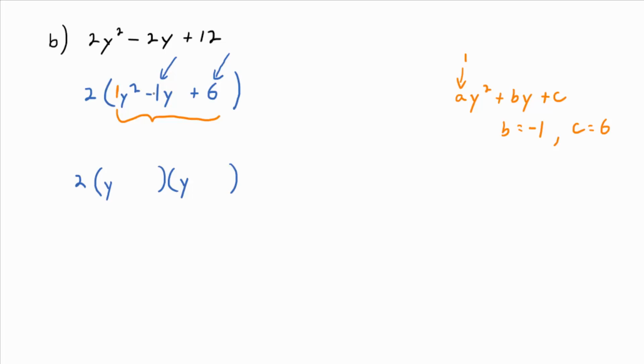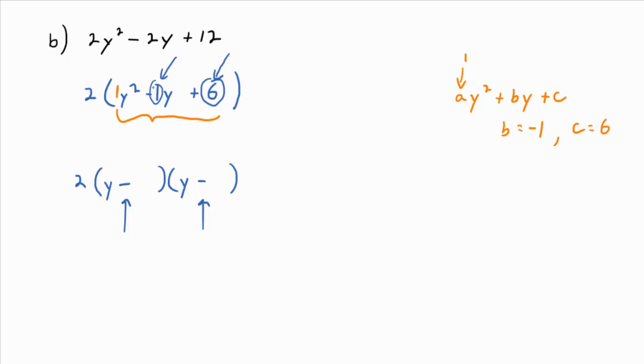Okay, first of all, if the last term is a +6, what does that say about both the signs in the first and second set of parentheses? They both have to be negative to get a +6 in the end, right? Okay, so they're both negative. And then you want two numbers whose product is a +6, but whose sum is a -1? Ooh.